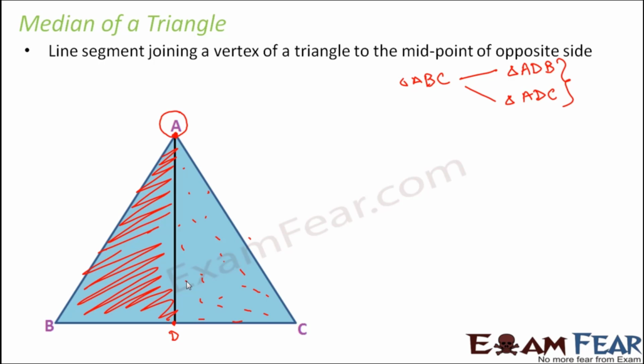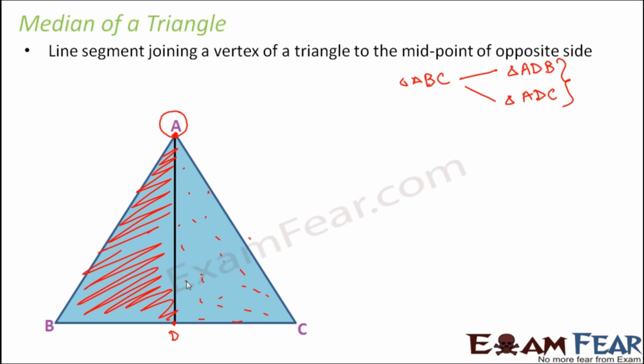Now looking at this concept of median, can you tell me maximum how many medians can be present in a triangle? Now how many vertices do we have in a triangle? We have 3 vertices. We cannot have more than 3 vertices in a triangle. Now every median has to start from a vertex.